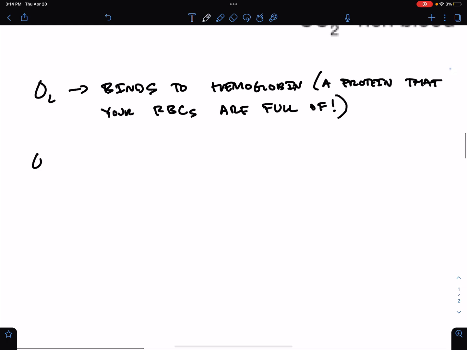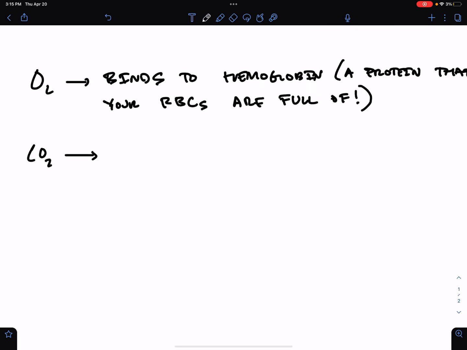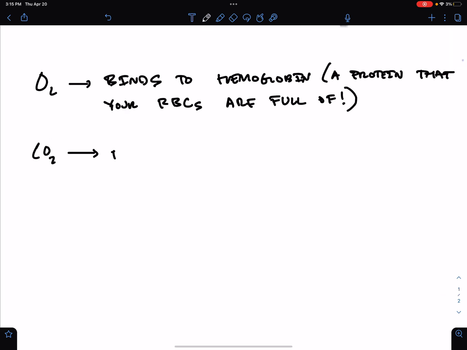And CO2 has a couple different ways it's transported through your body. But the primary way that CO2 is transported is it dissolves in water. Your blood is full of red blood cells, but also it's a mixture of red blood cells, white blood cells, and then plasma, which is full of lots of different things, antibodies and nutrients and glucose and all this stuff, but it's a watery solution.